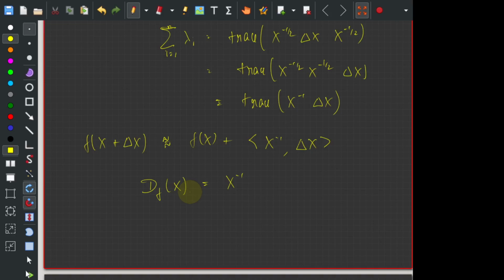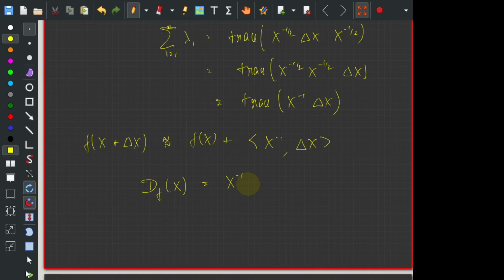But this example is just to illustrate that when we are viewing functions over R^n, there are a lot of subtleties to take care of. We want to evaluate, for example, a function which we so commonly use, the determinant of a matrix. This doesn't have a nice closed form expression that we can easily manipulate. But even then, the derivative has a very simple expression, it's just the inverse.